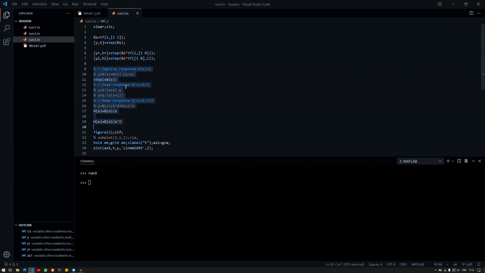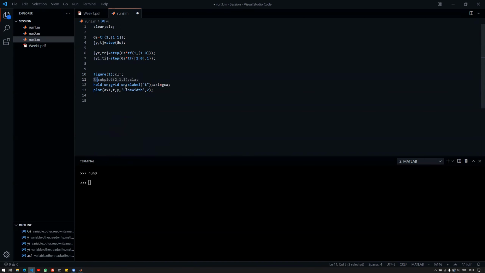Let's get rid of everything here. So let's also have a 3-row, 1-column plotting here. Let's give it a title. This should be impulse. So let's copy this. This should be step.